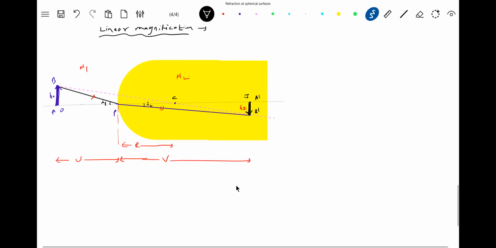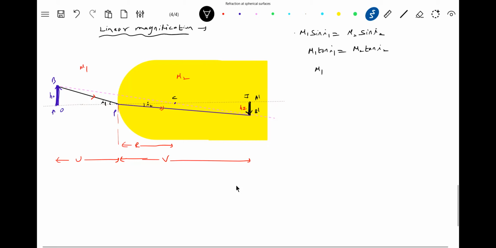Let's get into applying Snell's law. Mu1 sine I1 equal to mu2 sine I2. As we are discussing paraxial rays, sine I1 will become tan I1, and sine I2 tan I2. What is tan I1?